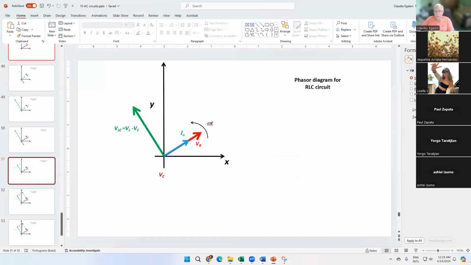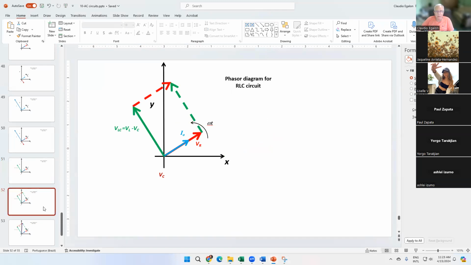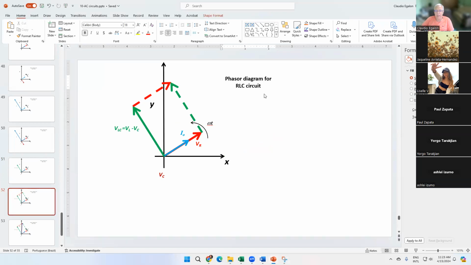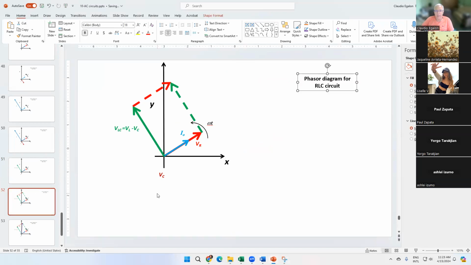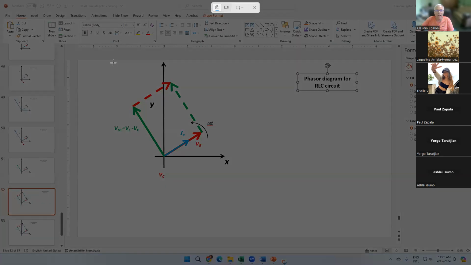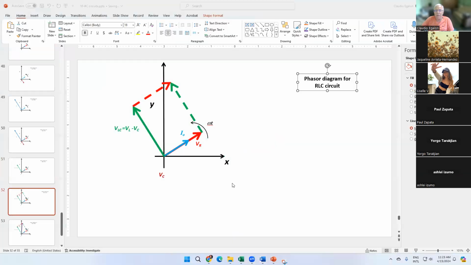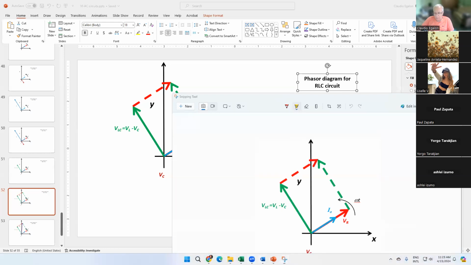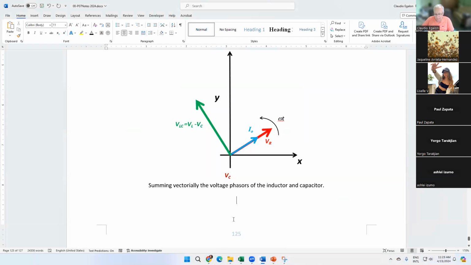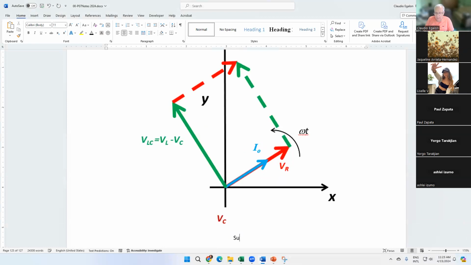And finally, we are going to sum those two other phasors vectorially, summing the VLC with the VR, right? Let's do that. Summing the VLC with the VR.